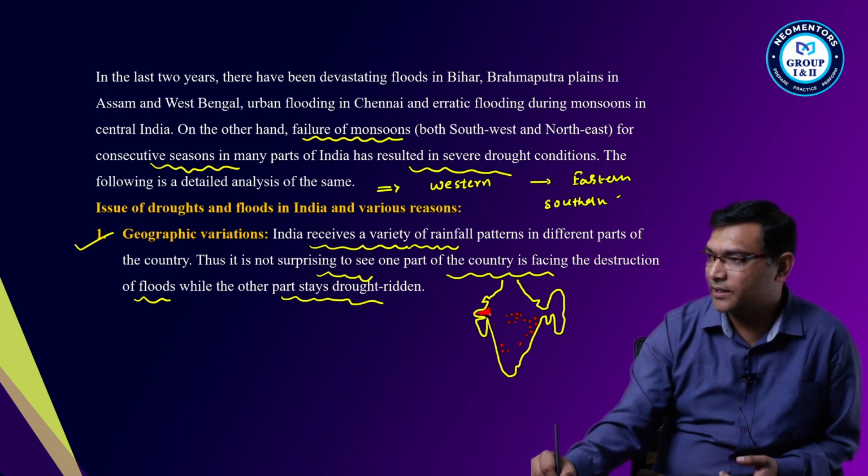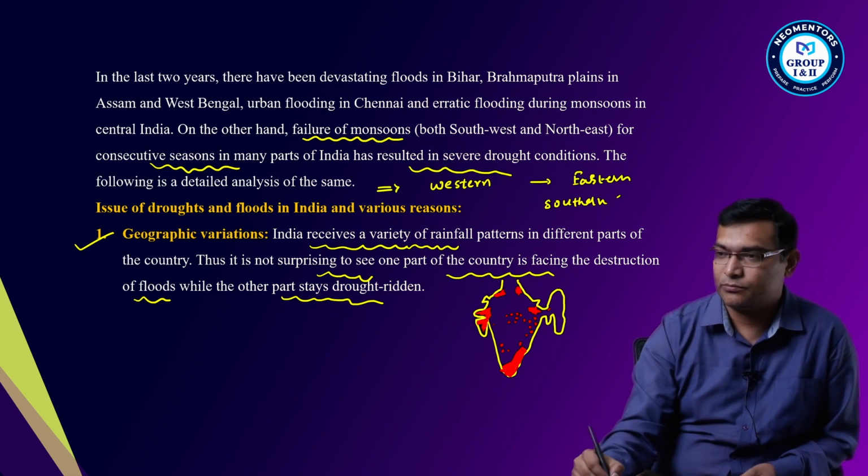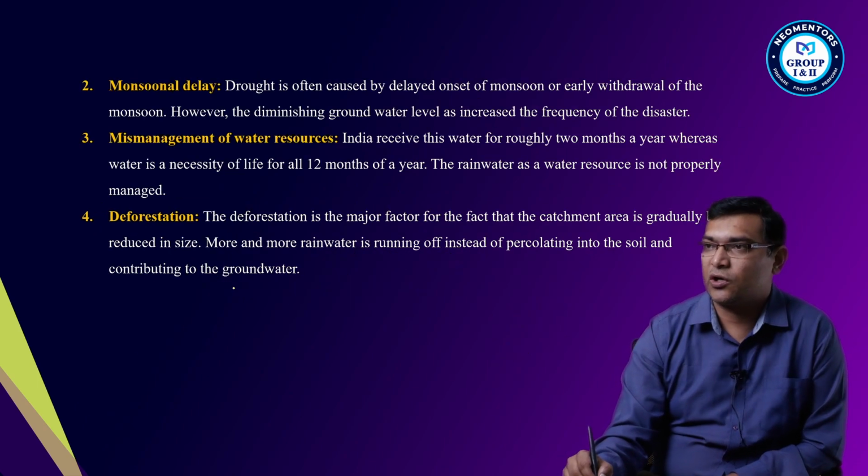These parts are becoming dry, and these are also areas which are becoming drier in nature. So some parts are getting a huge amount of rainfall, and some parts are becoming dry at the same time. So there is your geographical variation.